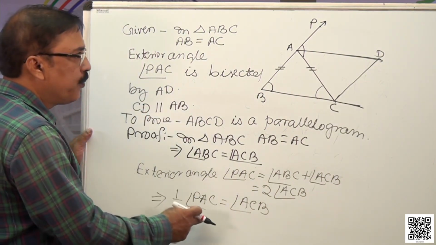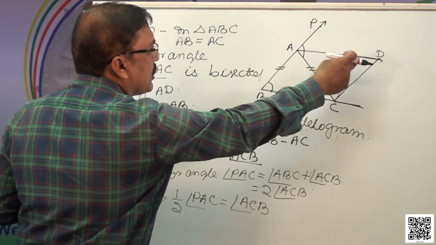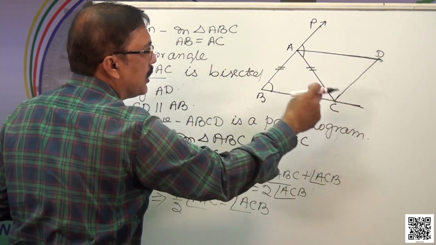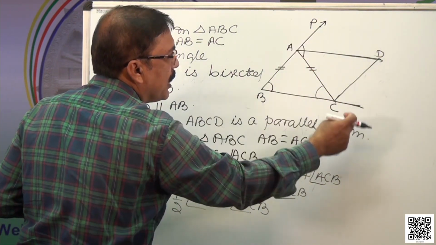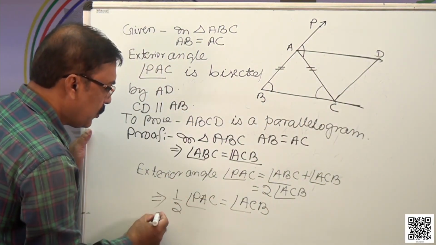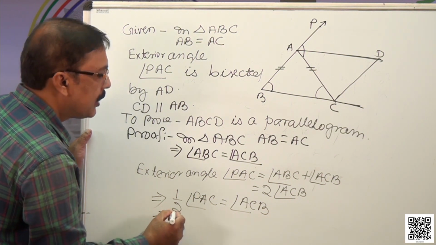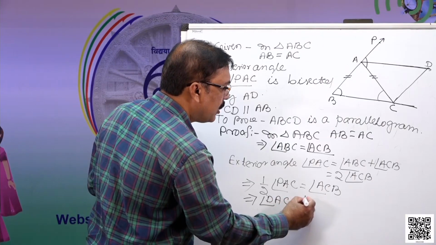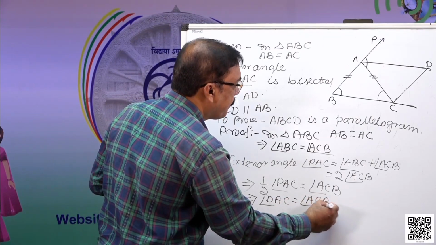What is 1 by 2 PAC? AD is the bisector of angle PAC. So, half PAC equals DAC. So, in place of half PAC, we can write DAC is equal to ACB.